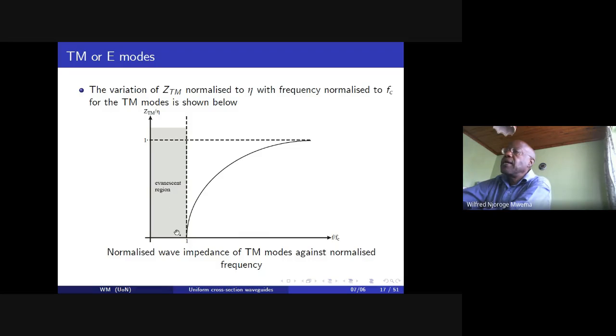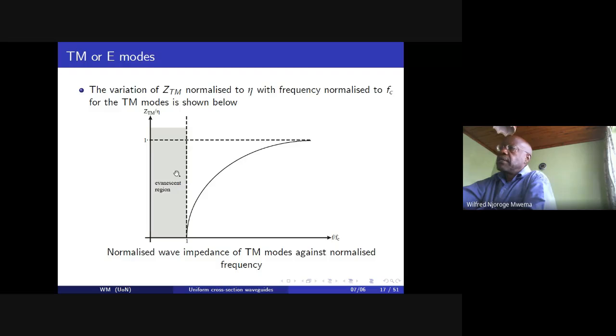It will start from 0 at f equal to f_c, and this impedance will be increasing and moving towards a final value of unity, that is eta, the intrinsic impedance of the unbounded medium. That is, as the operating frequency is increased from f_c to infinity, the wave impedance approaches the intrinsic impedance of the medium.